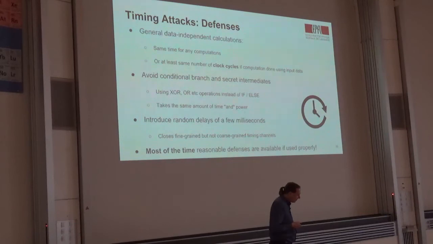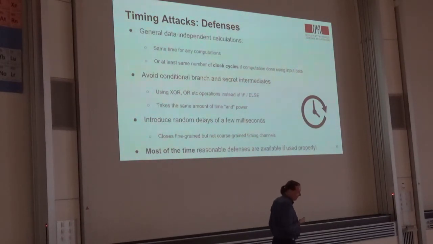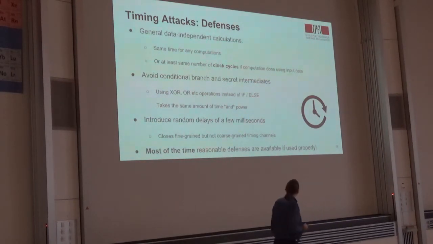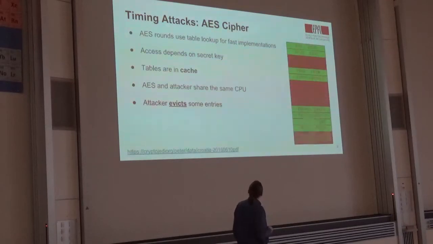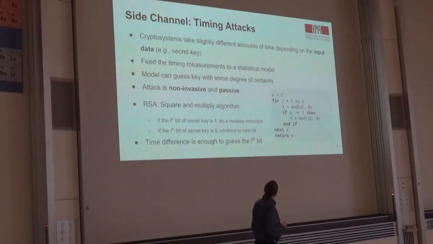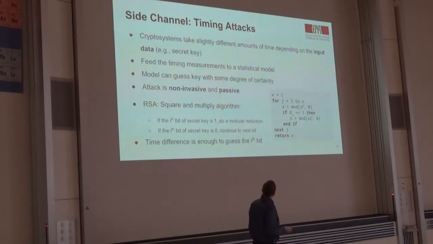So we can do things like avoiding conditional branches on secret information. Often we have to reformulate code paths, like the example I provided, to avoid those conditional branches. So if that bit of d equals 1, then square it.